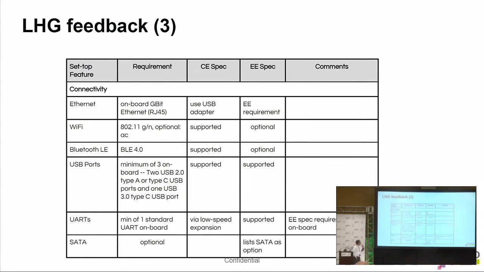Ethernet, well, gigabit Ethernet is more than enough for us. 100 megabit would probably be fine. 802.11 Wi-Fi, typically GN, possibly AC, because what we see in the home now is that with the advent of broadband gateways coming into the home, there used to be a technology called MoCA, which is multimedia over coax, that would distribute your content from a home router or a gateway set-top to the satellite remote set-tops in the house.